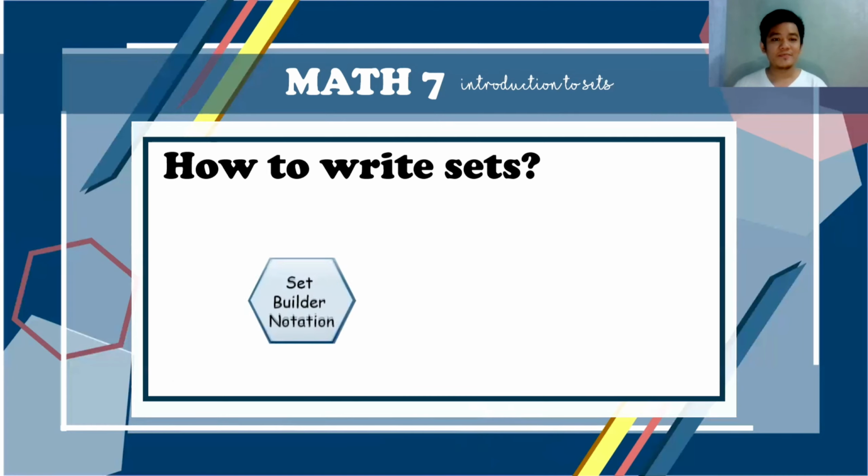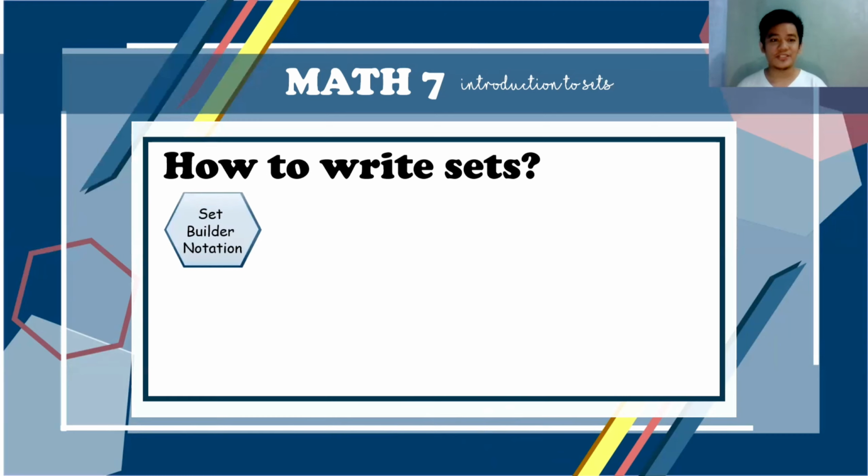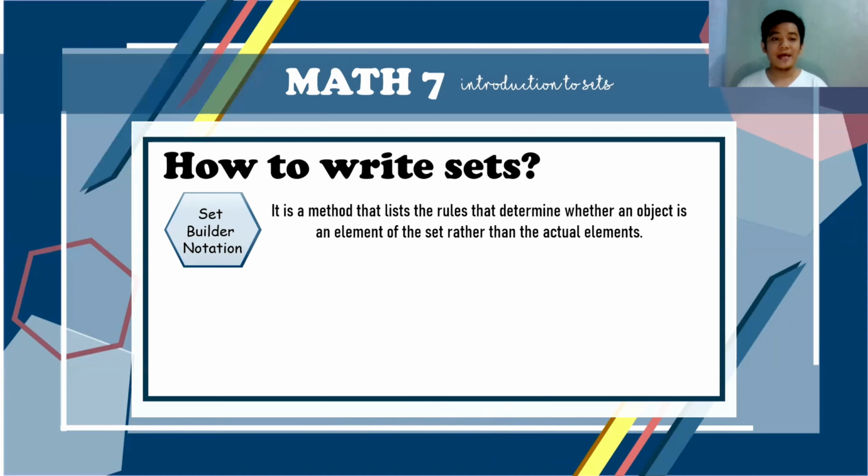Let us now proceed to the third and last one, which is the set builder notation. Set builder notation is a method that lists the rules that determine whether an object is an element of the set rather than the actual elements. So meaning for set builder notation, it is actually a combination of the roster notation and the verbal description.